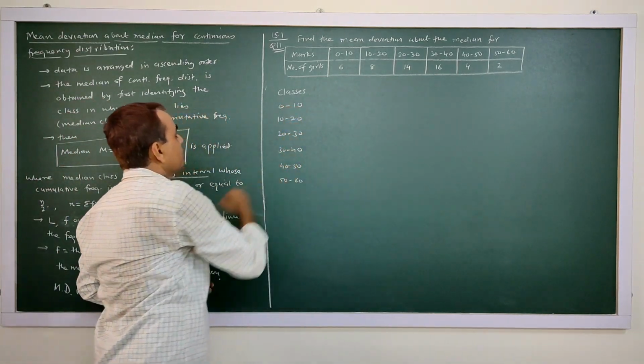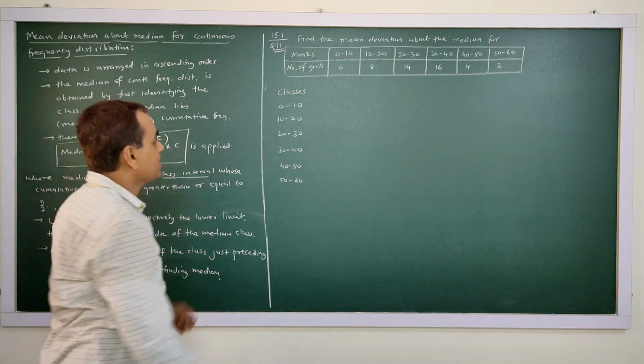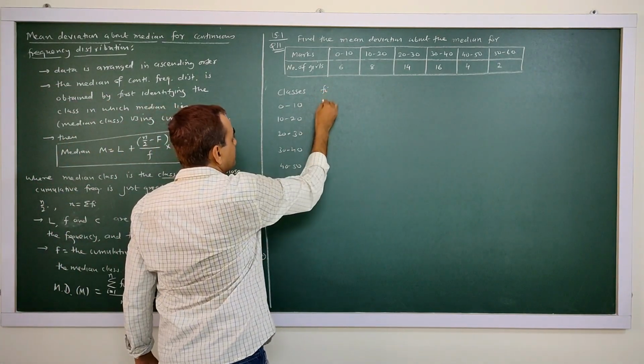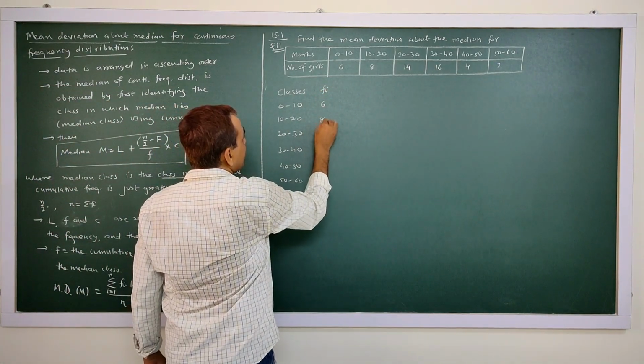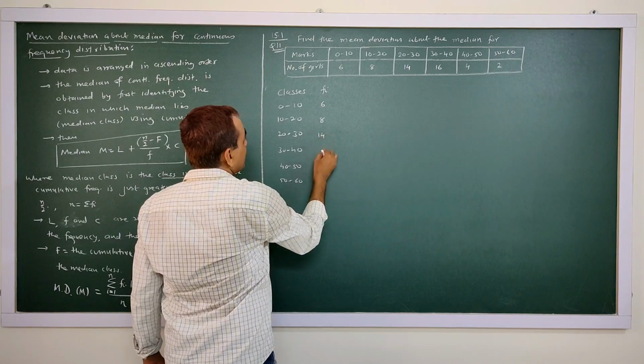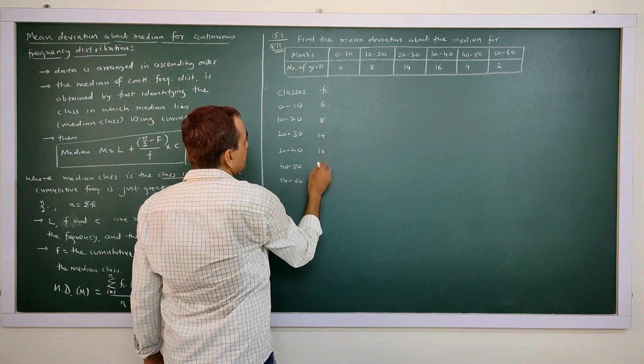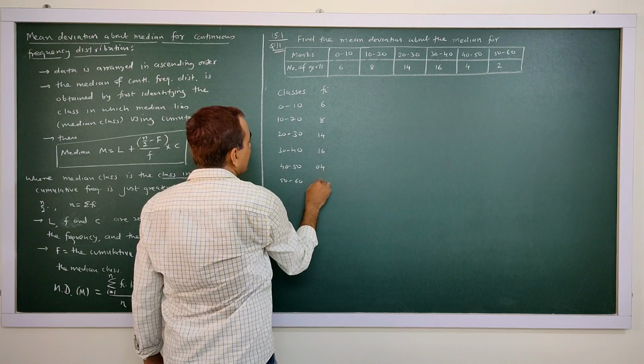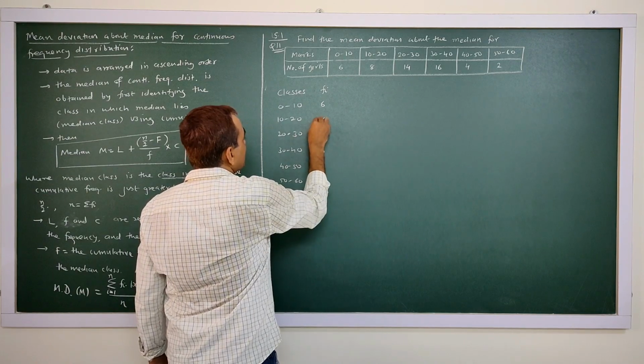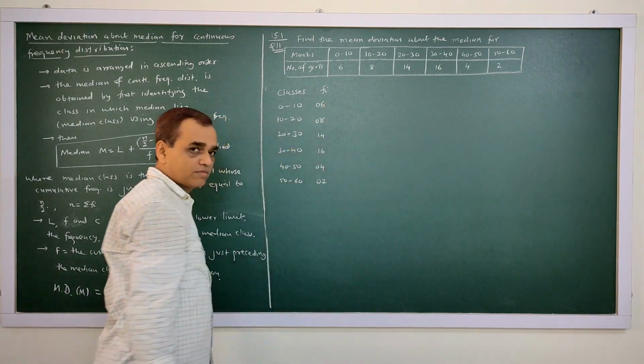Then frequency fi: 6, 8, 14, 16, 4, and 2. So these are the frequencies.